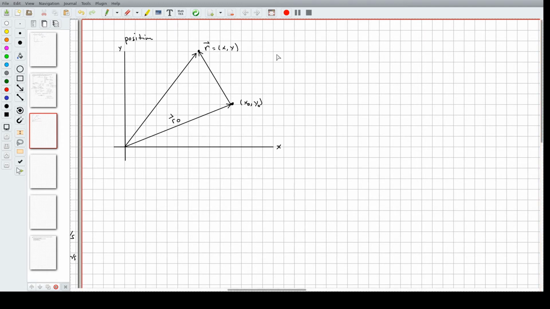Now, if you remember, we had defined some time ago displacement as being where you end up minus where you started from. So the question is, does this displacement look like that?